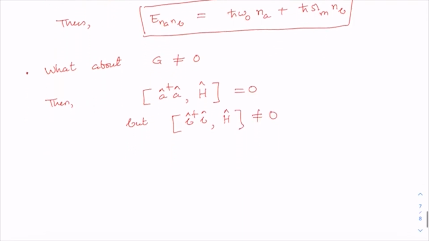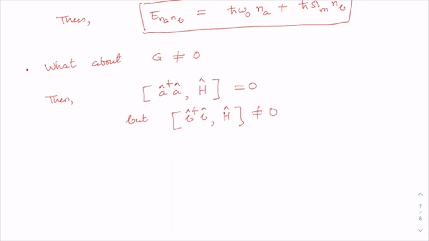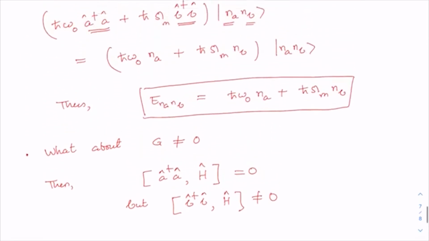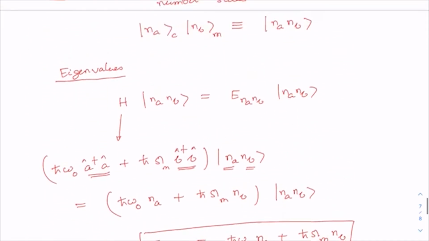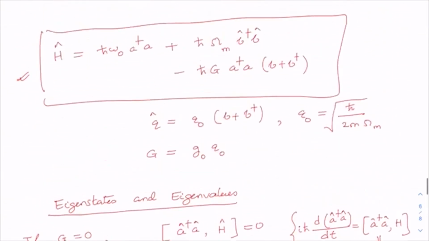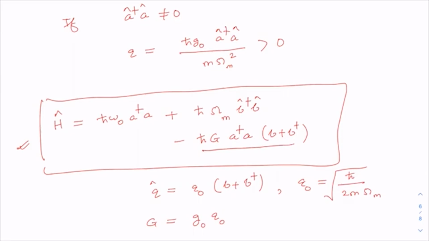So the optical number state is still an eigenstate of the optomechanical Hamiltonian, but the mechanical number state is not. Since this particular term in the Hamiltonian, now that Z is non-zero, corresponds to the displacement of the mechanical oscillator due to the effect of the optical force, we may expect that the mechanical eigenstate is a displaced number state.